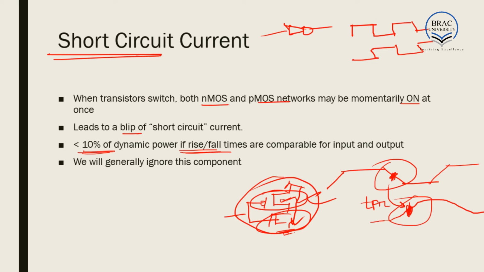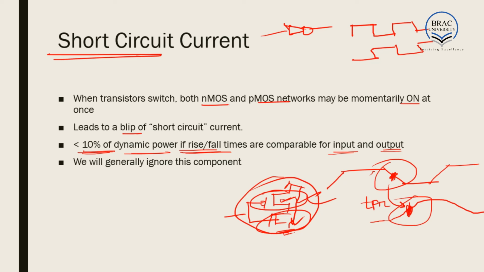But if the rise and fall times of inputs and outputs are not comparable, suppose the rise time of the input is 1 or 2 picoseconds, and that of the output is 10 or 15 picoseconds, then they are not comparable, and at that time the dynamic power consumption for the short circuit current is very high.